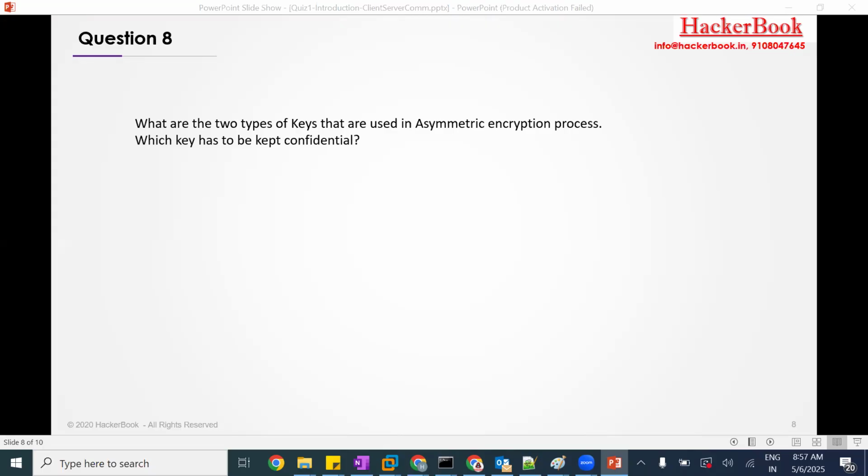Second question, which key has to be kept confidential? Remember, the two keys in an asymmetric process are public and private. The private key has to be kept confidential.